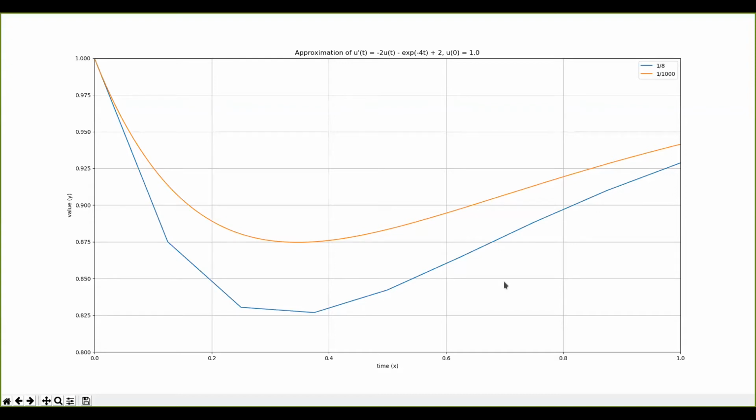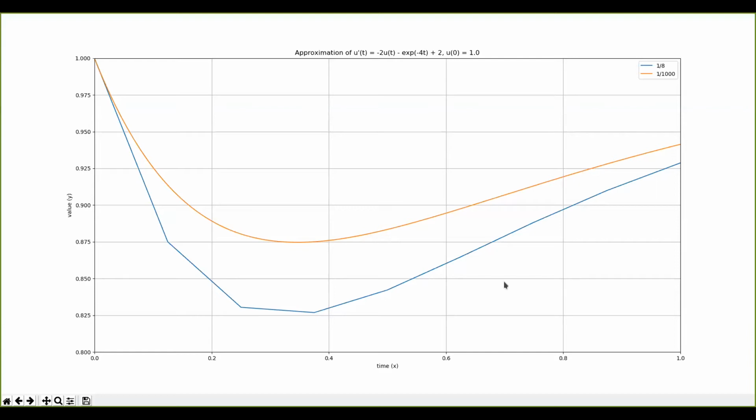What you see here is, on the one hand, the orange curve, which is the solution to that ordinary differential equation, graphed from time t equals 0 up to time t equals 1. And the blue curve is a numerical approximation of that, and that approximation is obtained from the Euler method. We start at t equals 0, and as you can tell on the left, there the two graphs agree.